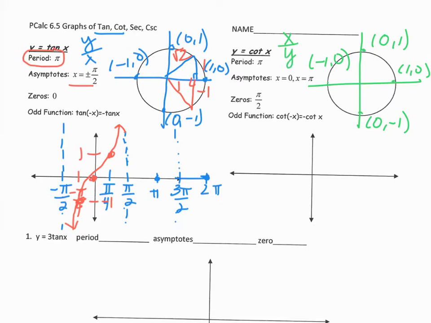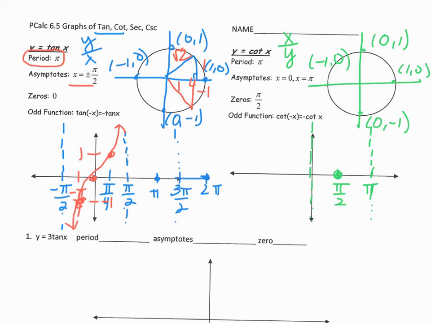Let's go around the circle. Cotan of 0, the x value over the y, is undefined, so I get an asymptote right away. Then at pi over 2, the x over the y is 0, and at pi, another asymptote. Then it starts repeating itself, just like tangent did.